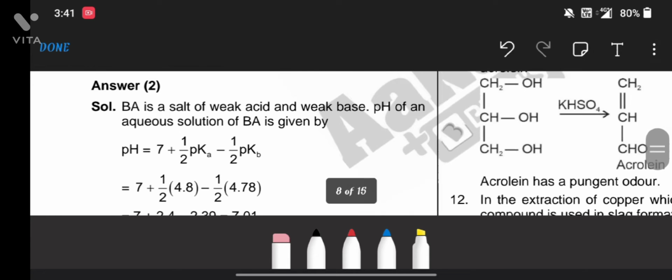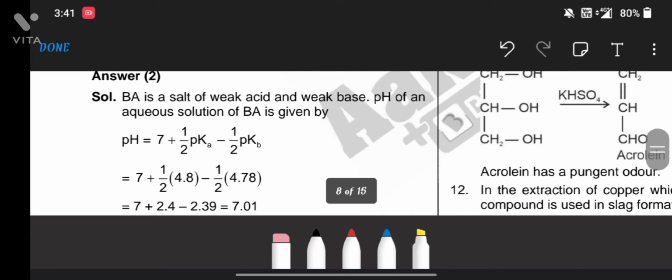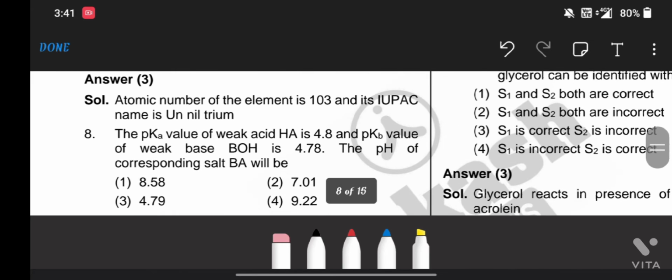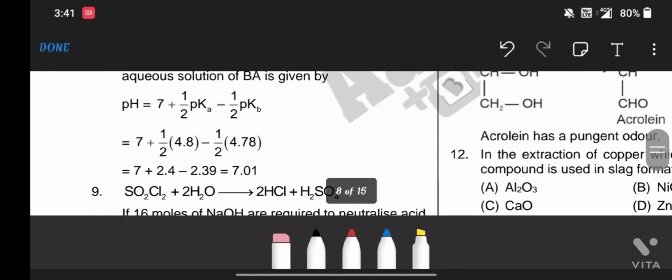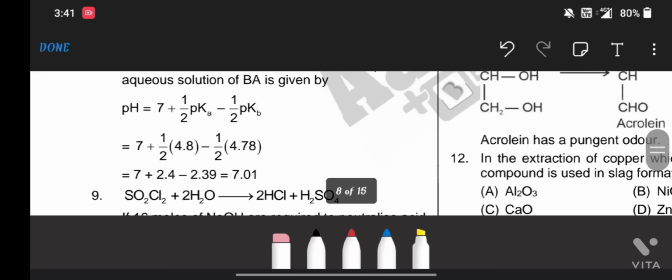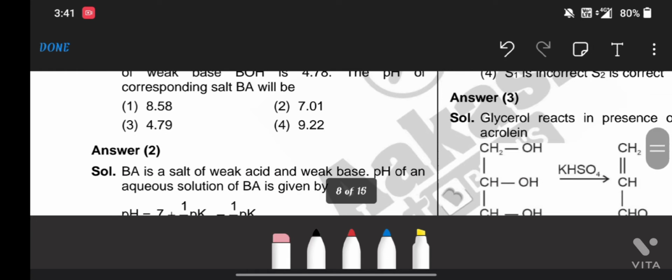As you know, BA is a salt of a weak acid and a weak base. So the pH of an aqueous solution of BA is given by pH is equal to 7 plus 1 by 2 pKa minus 1 by 2 pKb, that is base.